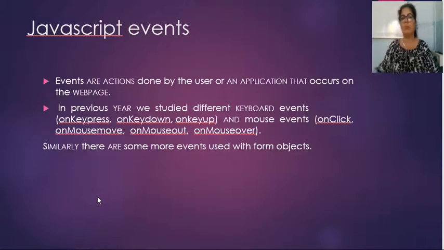You have to move the cursor and press keys, and whenever you play a game you perform actions just by pressing keys. So these are events related to those keys.